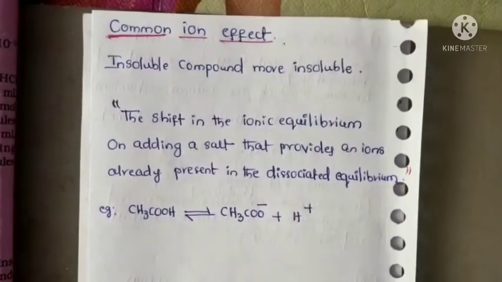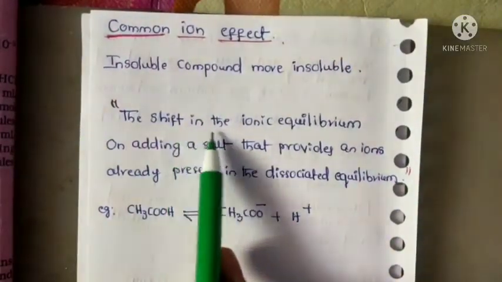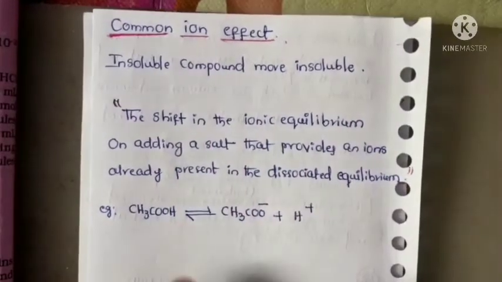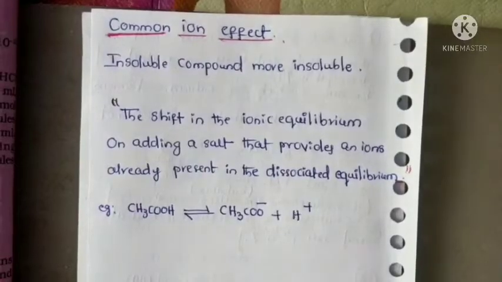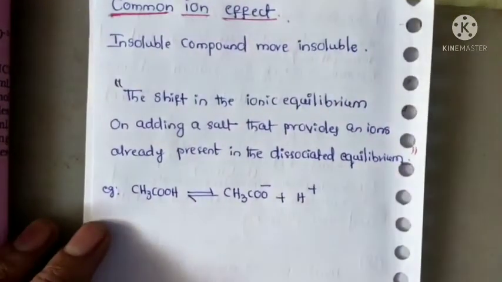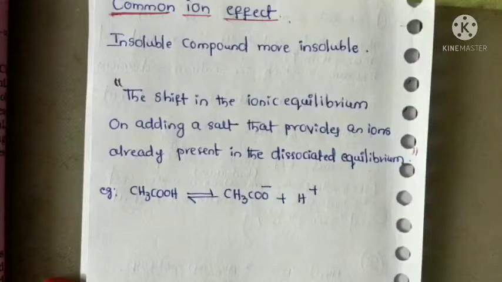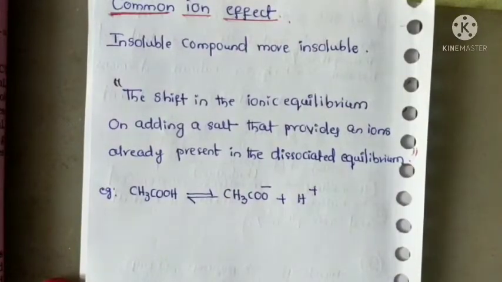Now what is the shift in the ionic equilibrium? In chemical equilibrium, according to Le Chatelier principle, the equilibrium will be shifted by changes in concentration, temperature and pressure.